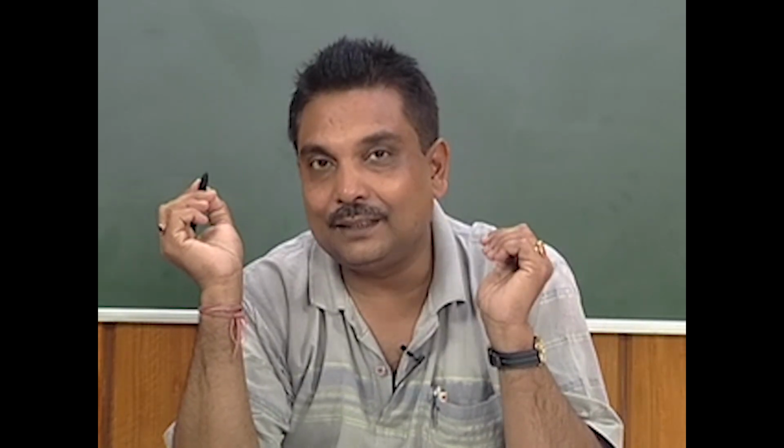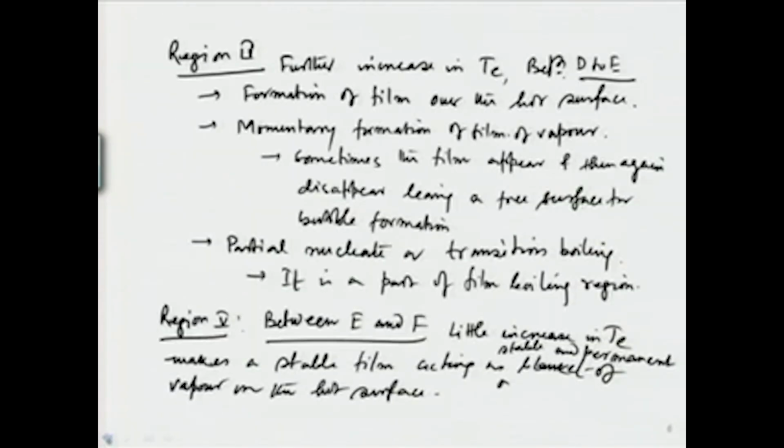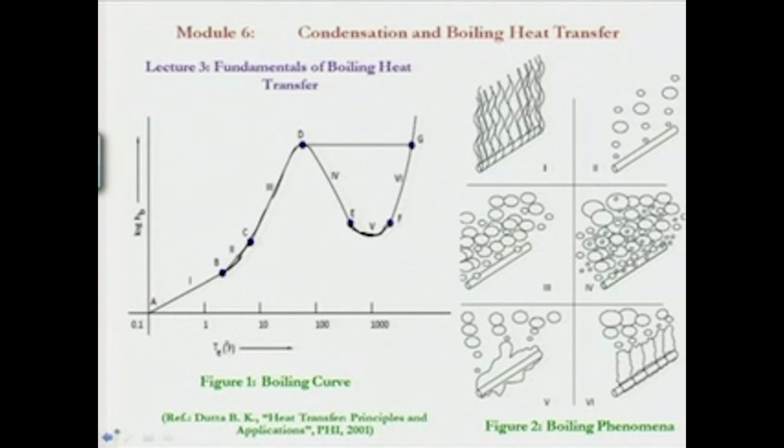So, what has to be done? Another thing we should see is that many a time uncontrolled heating may lead somebody to reach from point D to point G. So, rapid heating, a rapid change in excess temperature, may lead to a boiling crisis or reaching regime 6.